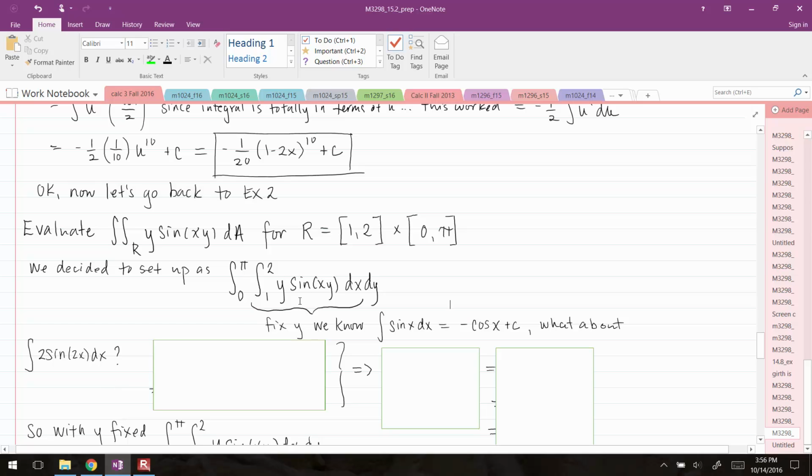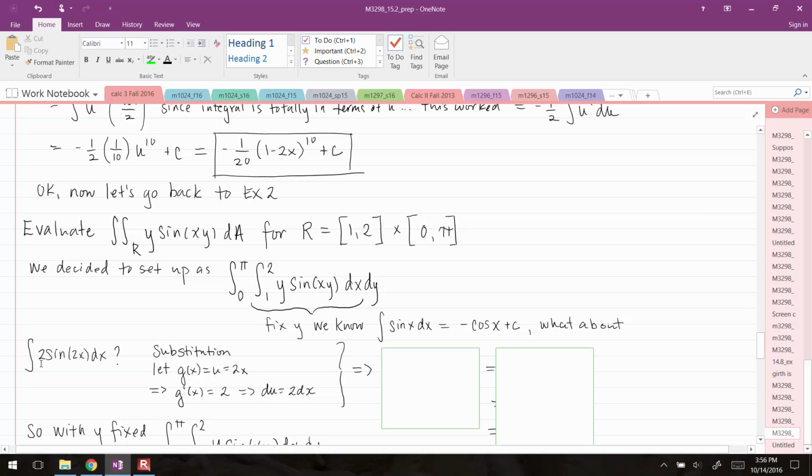To get used to this fixing y and doing all this, ask yourself, what would be the integral of 2 sine of 2x? Again with substitution eyes on, we still have a composite function, 2x, so u is equal to 2x. Then you'd find the derivative of that and get 2, and you can make the little differential equation du is equal to 2 dx.